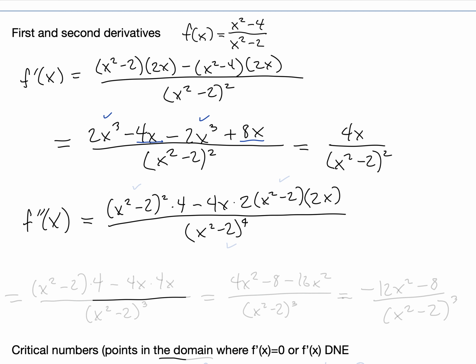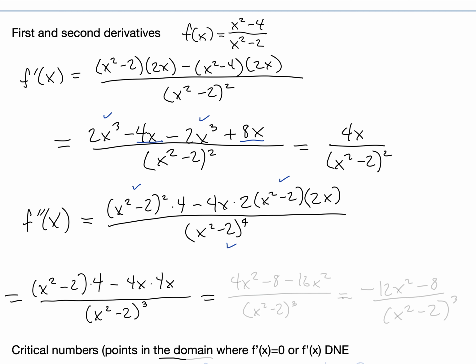Now, can we simplify this? One thing we might observe is that each term is a multiple of x squared minus 2, so we can cancel one x squared minus 2 from each term. Then we'd be left with one x squared minus 2 remaining times 4, minus 4x times 2 times 2x, so that's another 4x, times x squared minus 2 is canceled out, all divided by x squared minus 2, now just to the 3rd power.